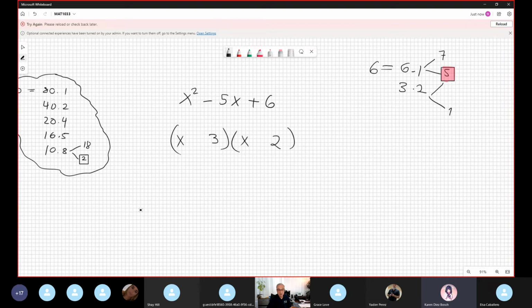And what signs? Different signs, same sign, both negative, both positive? Same. Then, positive or negative? Positive. Okay. Negative. Why? How do you know it is negative?